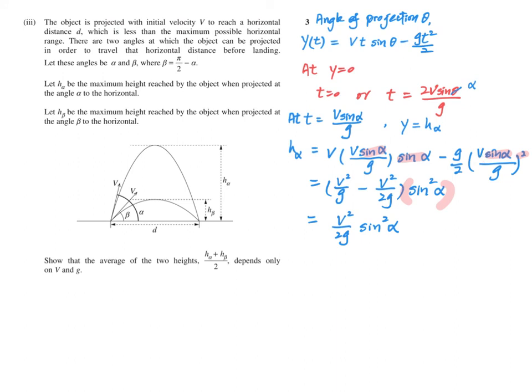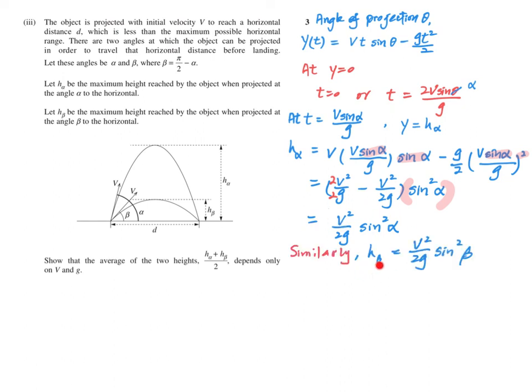It will become v squared over 2g. Here, for the subtraction of two fractions, we just get the same denominator, multiplying 2 to the numerator and the denominator, and we have 2v squared minus v squared. Therefore, the difference is v squared, and h alpha equals this one.